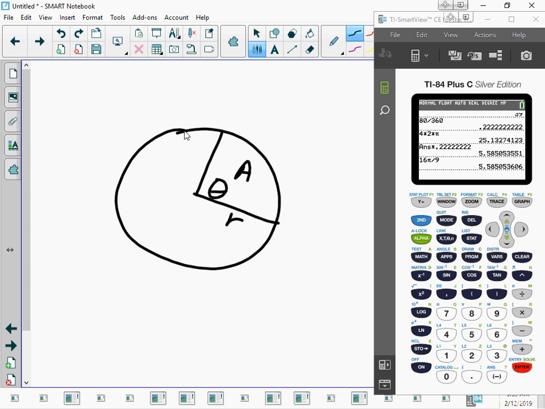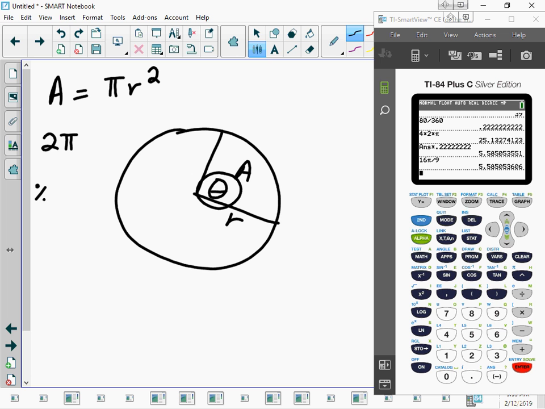Well, what's the area of the entire pizza? Pi r squared. So area equals pi r squared. Okay? How much of that pizza am I going to use? Theta. Right? So the full pizza is 2 pi, and I'm going to use this much of it.